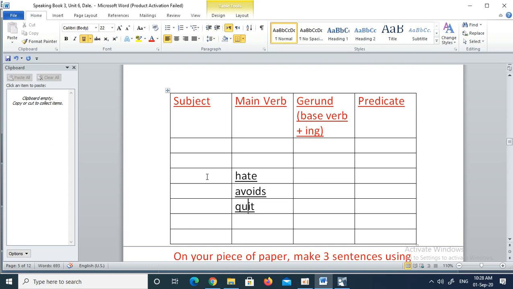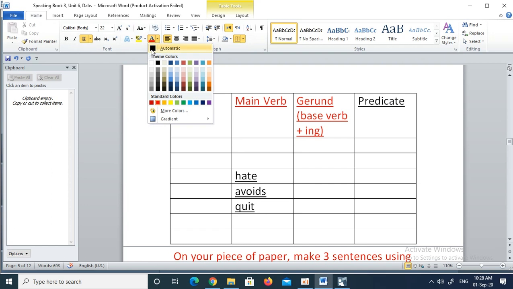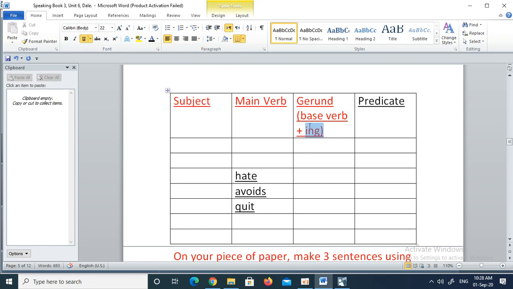In each of these sentences on your paper, put a subject, and then the main verb, and then the gerund, which is the base verb plus ing, and then the predicate. Very simple.